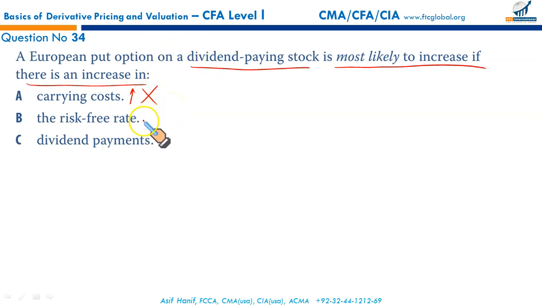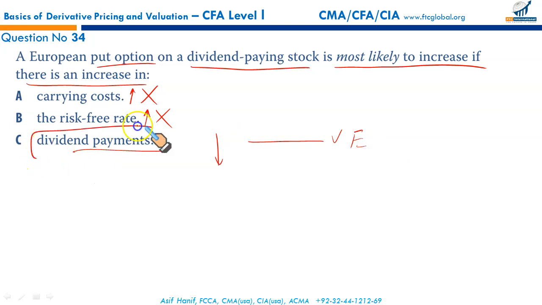From your reading, you would know an increase in the risk-free rate increases the value of a call option, but it decreases the value of a put option. So this is incorrect as well. But dividend payments, this is interesting. Payments such as dividends will reduce the value of the underlying, which at the same time increases the value of the European put option. That makes C the correct option.